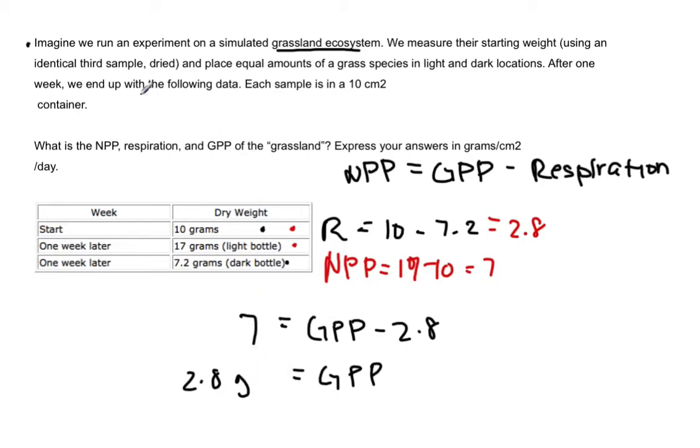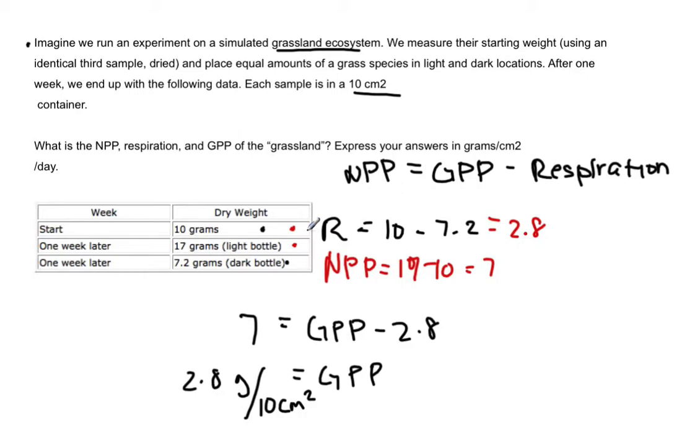And I'm just going to double check my units really quick. So it's per 10 centimeters squared. So I'm going to go ahead and make sure I include that as well. So my gross primary productivity is I made 2.8 grams of grass per 10 centimeters squared.